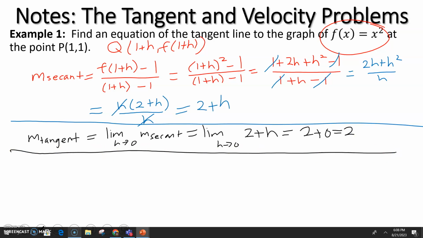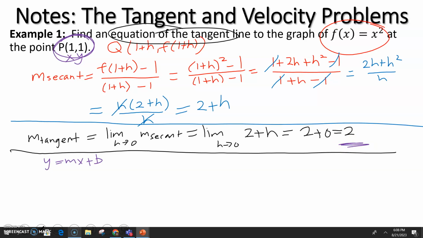Now the last thing we need is the equation of the tangent line. We're trying to create a line, and we know every linear equation can be written in the form y equals mx plus b. Do we have a point that's on this line? We do, 1, 1. So that's our x and our y. Do we have the slope of this line? We do. That's 2.